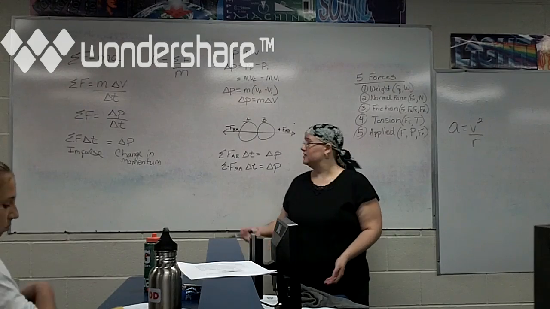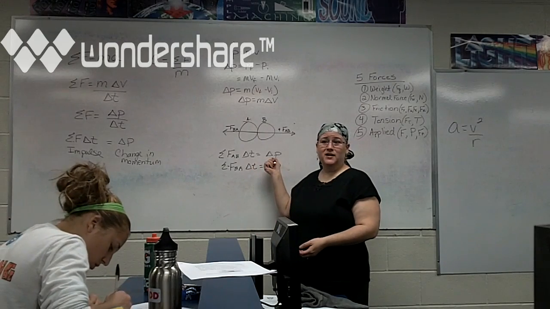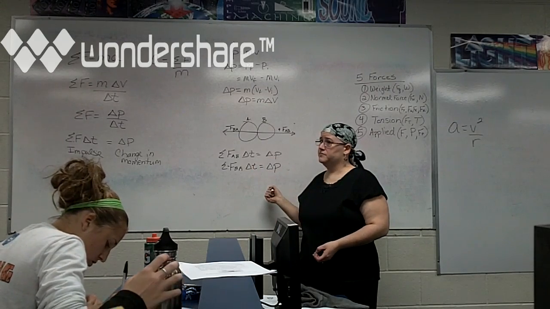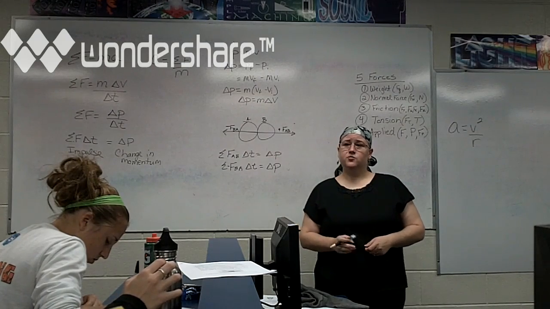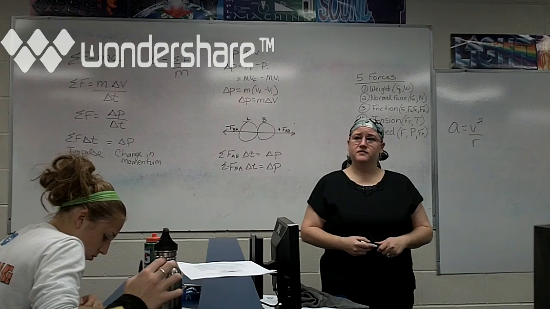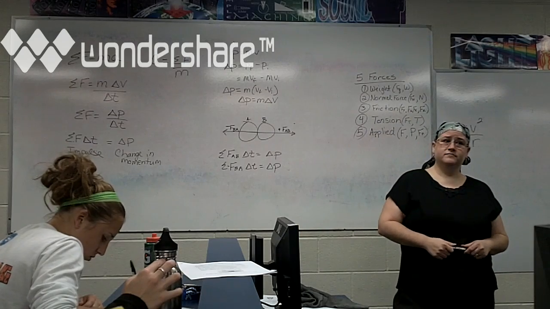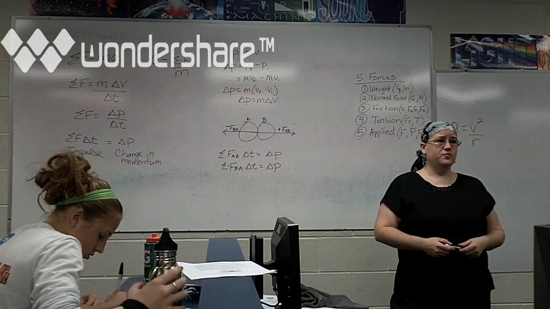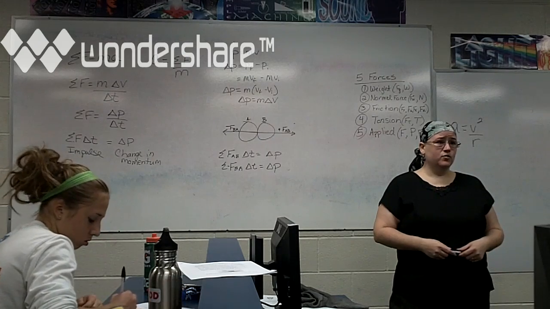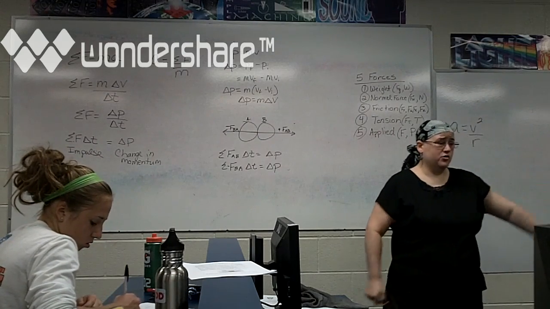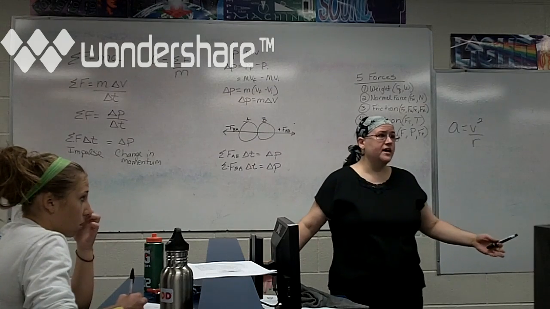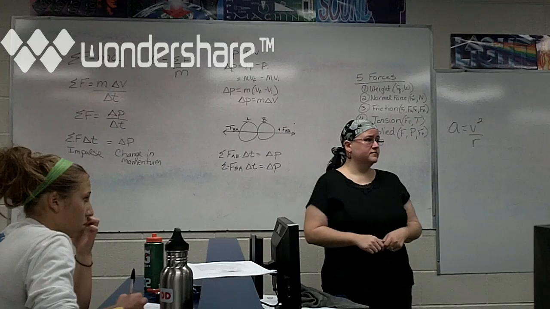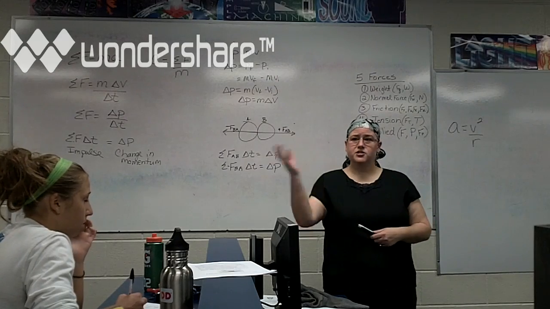The change in the momentum is equal to the change in momentum. Which means, is there really a change in the momentum from the beginning to the end? No, because it's conserved. Which means if I have positive 12 in the beginning, I should have 12 in the end, right? Whatever I have in the beginning, I should have in the end.